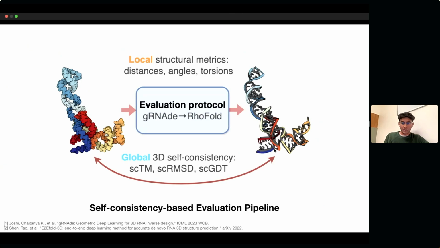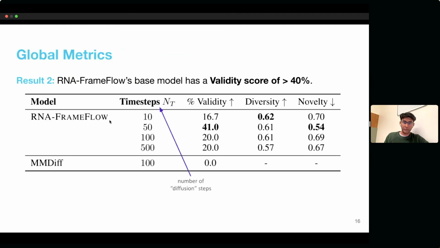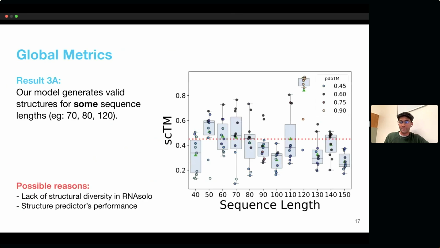And then you would superimpose and RMSD align or TM score align the generated backbone and predicted backbone. And if it's above 0.45, you would consider this generated backbone as valid.